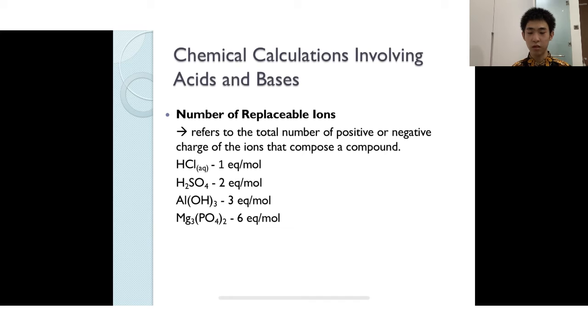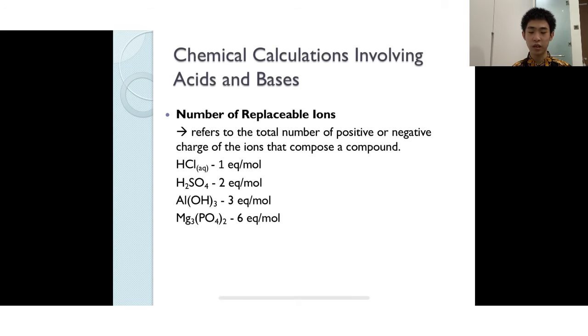So it has a total number of positive charge, which is 2, and the negative charge is also 2 from the sulfate ion. The positive charge is from the hydrogen ion. So it has 2 equivalents per mole.